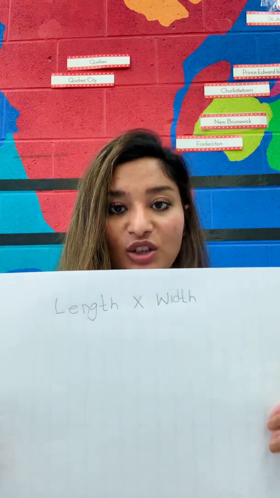So how do we find area? We multiply two things. We multiply the length times width. So we have length times width.